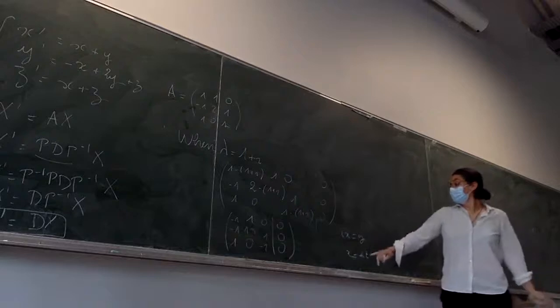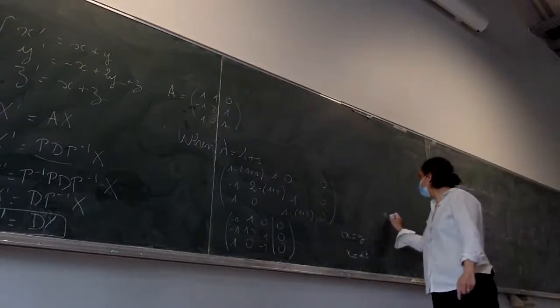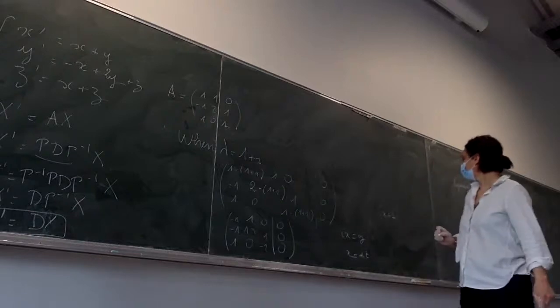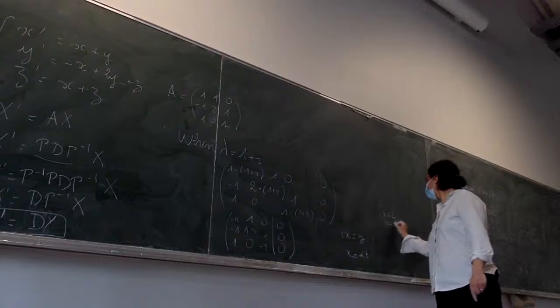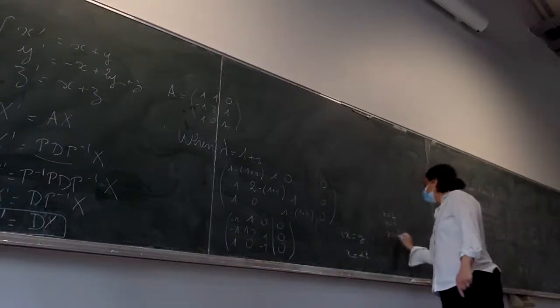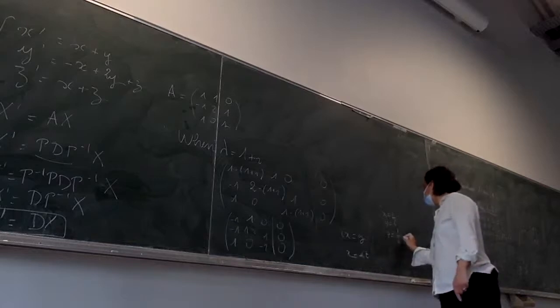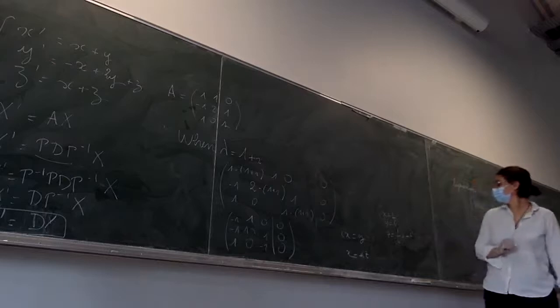And so let's make a choice, whichever you like. Let's put x is equal to 1. What do you get? y is equal to i, and then z is equal to 1 over i, which is simplified as minus i.